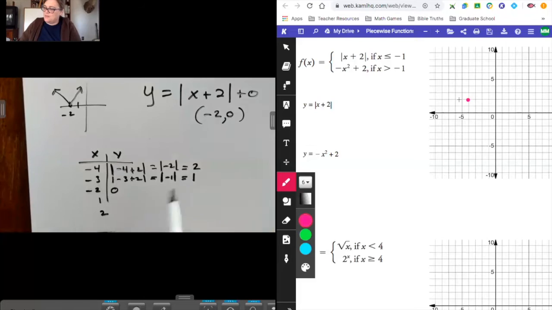So when x is -3, y is 1. We already found the vertex to be at -2, 0. When x is 1, we have 1 plus 2. And that's the absolute value of 3, which equals 3. So when x is 1, we have that y is 3.